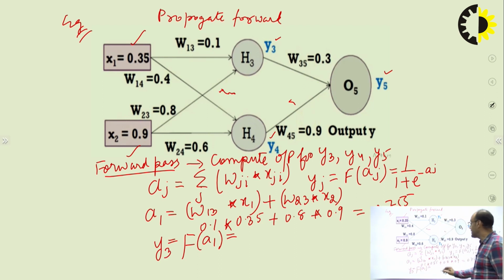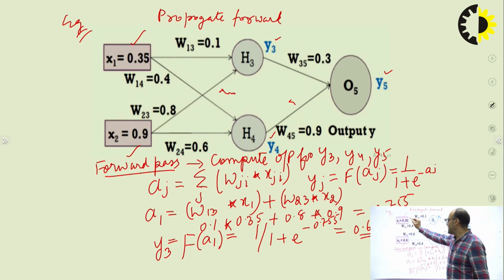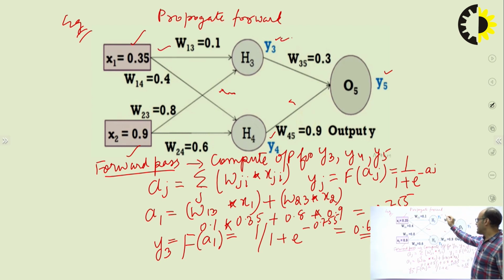So I will calculate 1 divided by 1 plus e to the power minus 0.755, right. So after calculation I will get the value 0.68, ठीक है. Okay students, so this is I have done the calculation for y3, ठीक है ना.